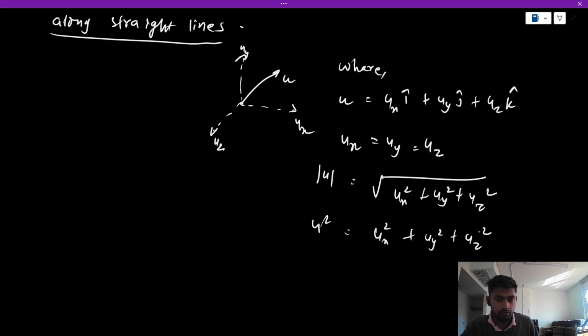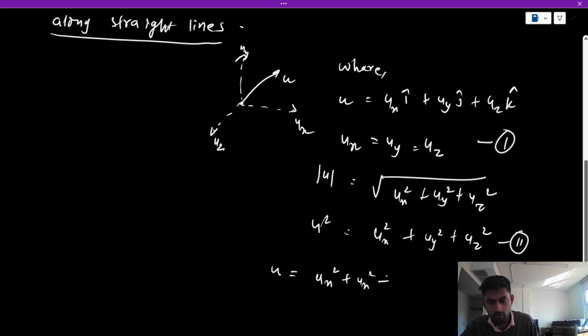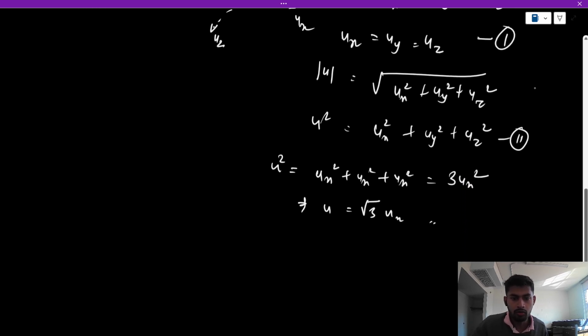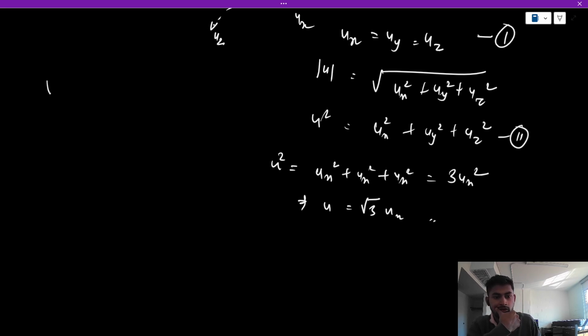Now, since we know that velocity itself is constant, we can assume from equation 1 that u squared would be equal to ux squared plus ux squared plus ux squared, which is 3ux squared, so u is equal to root 3 times ux. This gives us the information that in this postulate, the molecule is moving randomly along straight lines in different directions, but its velocity in all directions is the same.